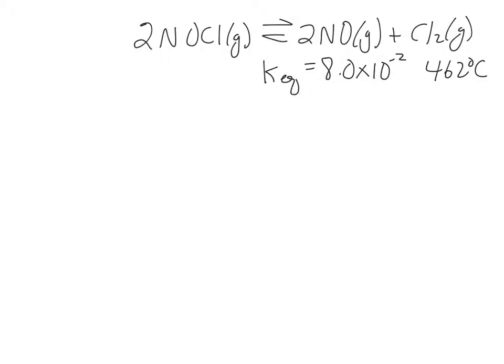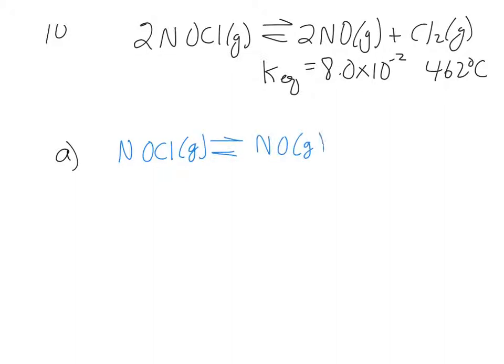Okay, so the first one, what did we do the first one? So for 10A, the new reaction that it's asking us is, what if the reaction was this? So the question is, what did we do to this reaction to get that reaction? We halved it.